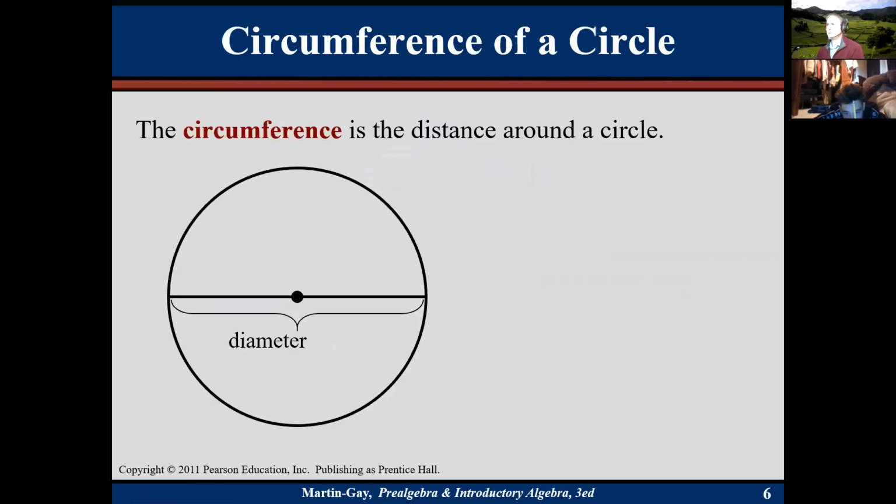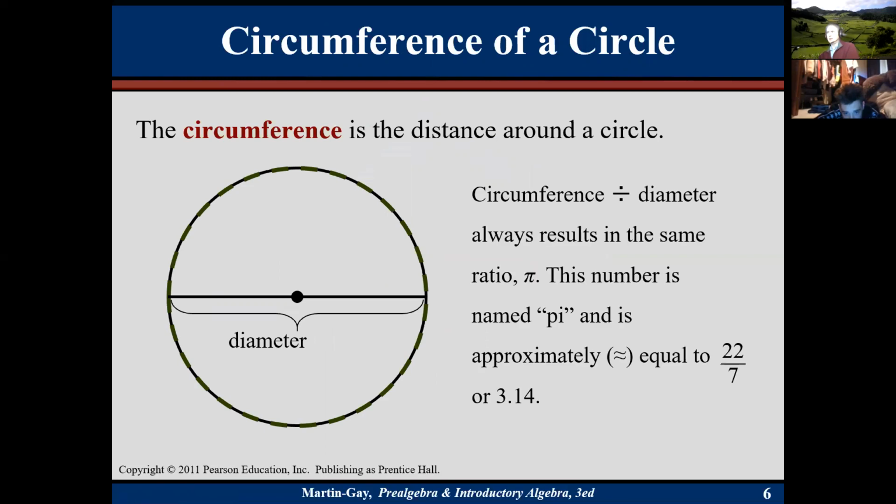All right. Now, the circumference of a circle is the distance around a circle. And this is where the variable pi comes in. You just multiply pi times the diameter. So the circumference divided by the diameter, for any circle, is always the same number.